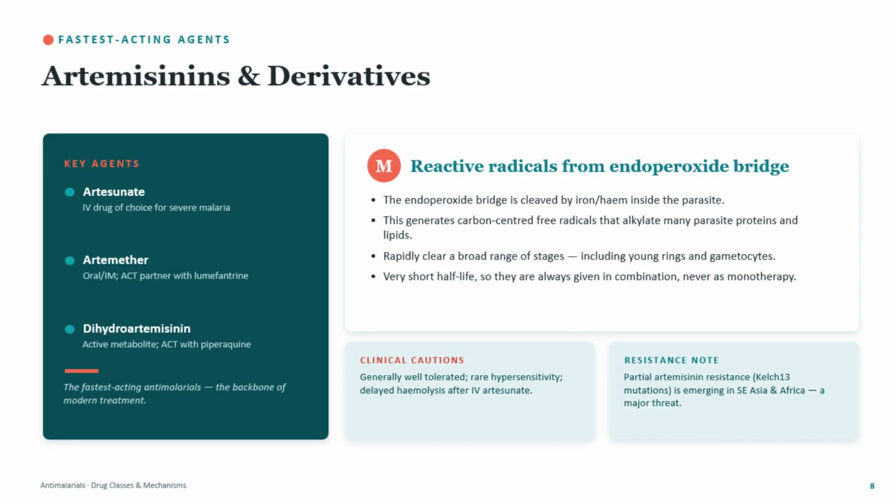They clear a broad range of stages, including gametocytes. Because their half-life is so short, I want to stress that they are always given in combination, never as monotherapy. And I have to flag the emerging partial resistance linked to KELCH13 mutations.